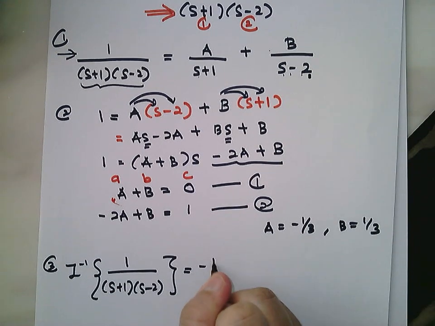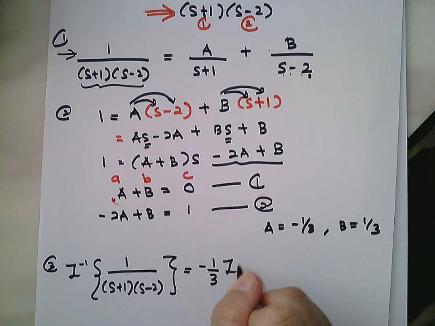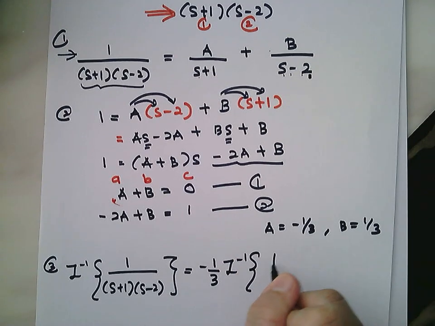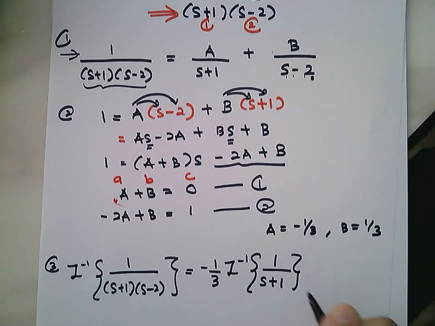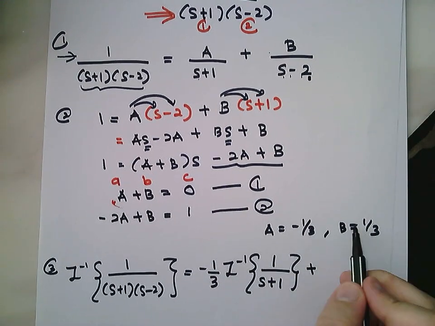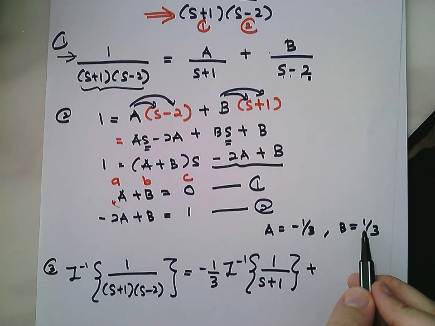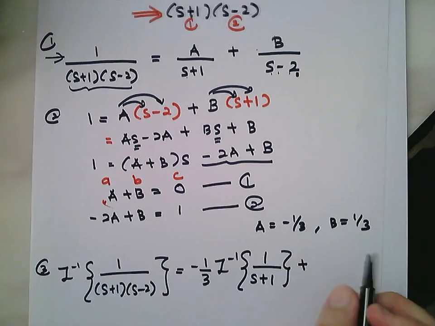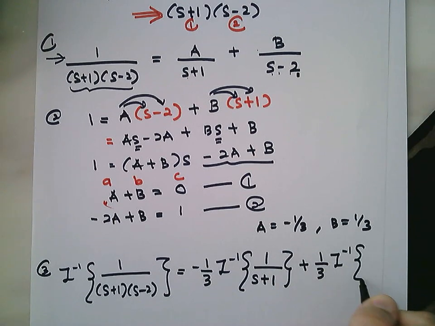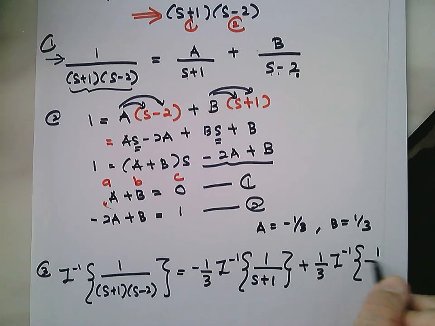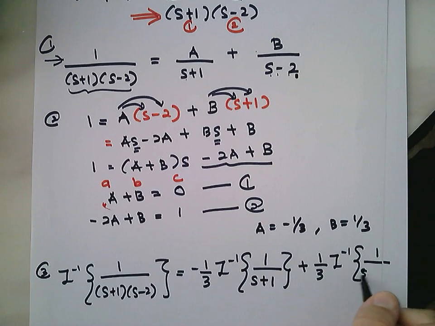So negative 1 over 3, you just need to find the inverse of 1 over s plus 1, plus your b is equal to 1 over 3. This is your constant, so factorize it. Okay, so you just need to find the inverse of 1 over s minus 2.